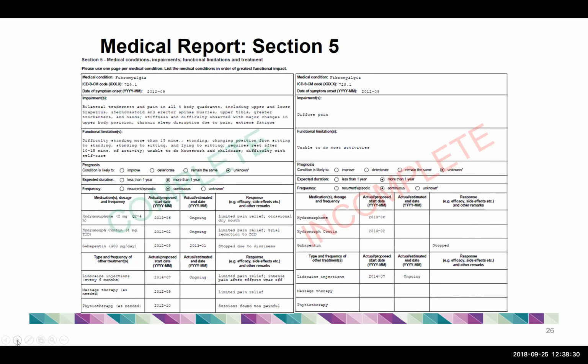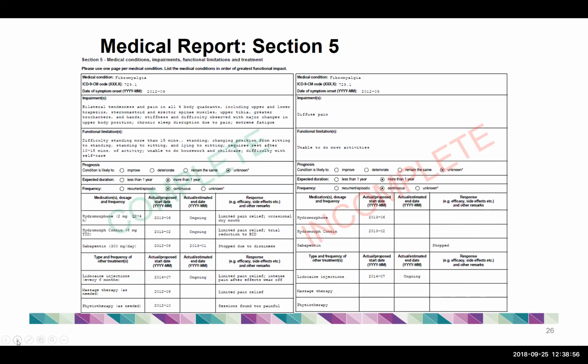While that may sound repetitive, we've done it deliberately because we recognize that many applicants see many doctors, and the healthcare provider filling out this form may not be fully aware of all of the medications that this individual is taking. So again, we're just looking for means to corroborate information.